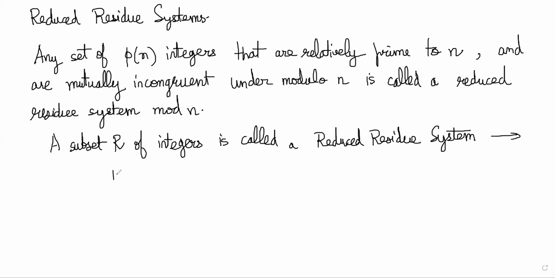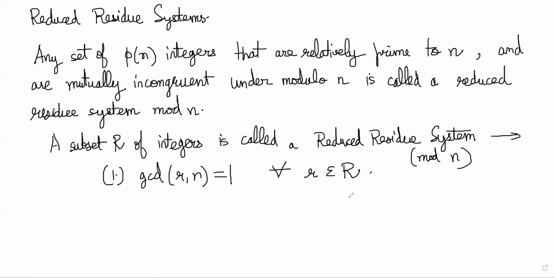First of all, GCD of r and n must be 1 for all small r belonging to capital R, right? So any integer that belongs to this subset must be co-prime with the modulo n, with n.